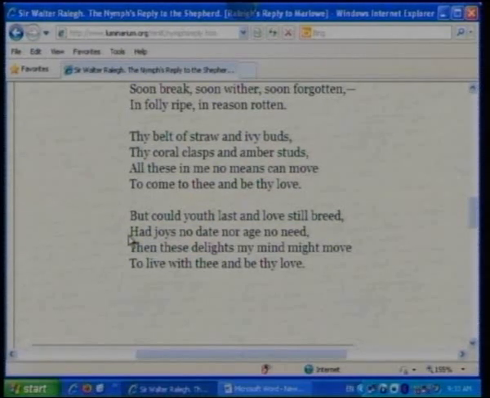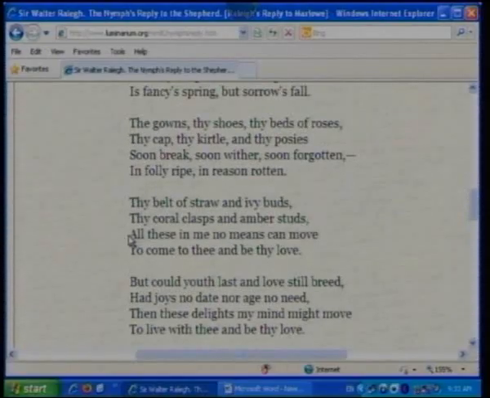And I think, thy shoes, thy beds of roses, thy cap, thy curtain, and thy posies. So here, these lexical or syntactic choices, thy, with the repetition, what do they convey? A sense of rejection. They induce a sense of boredom.